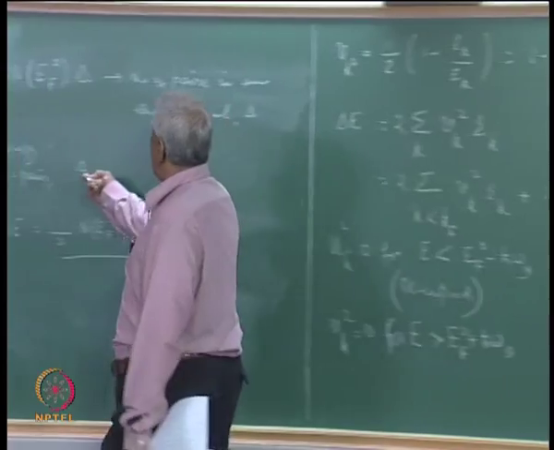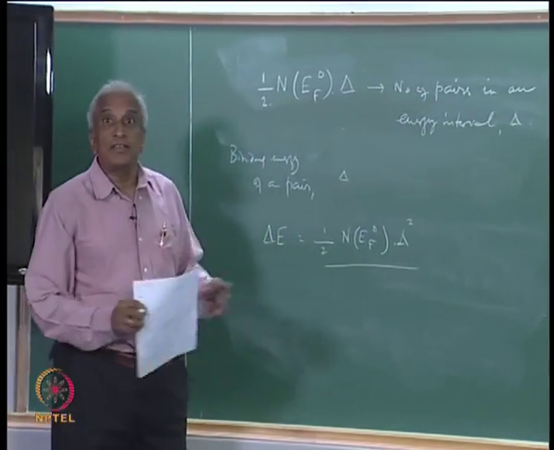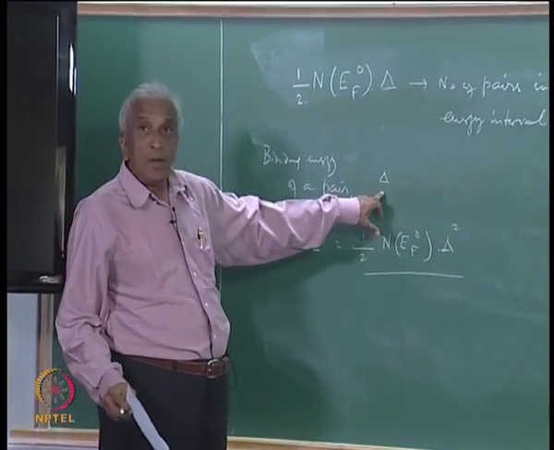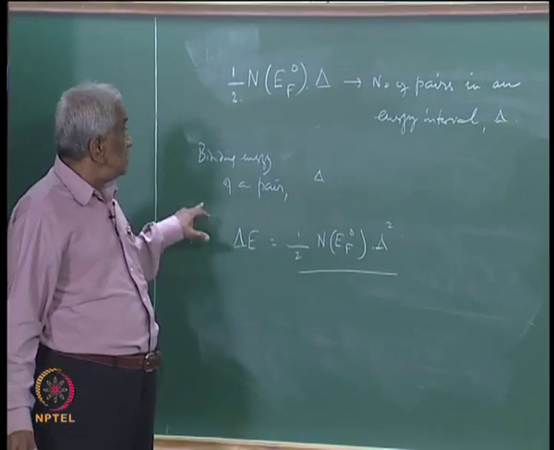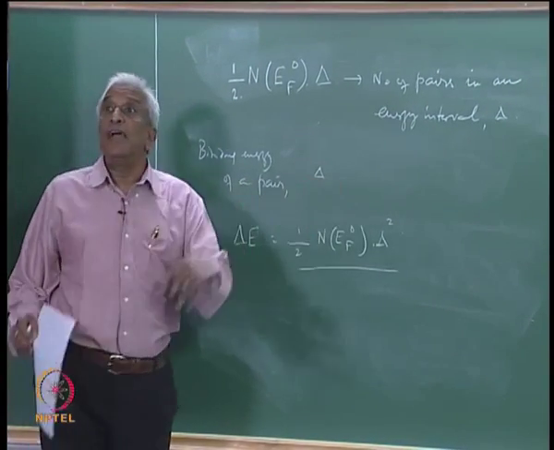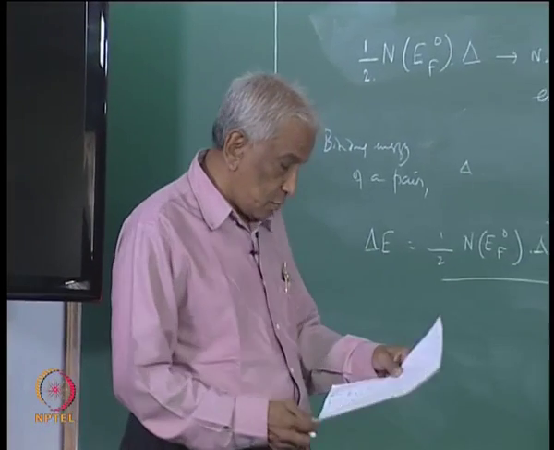So, we have a simple physical interpretation for the energy gap parameter delta, which is just the binding energy of a Cooper pair at 0 K.